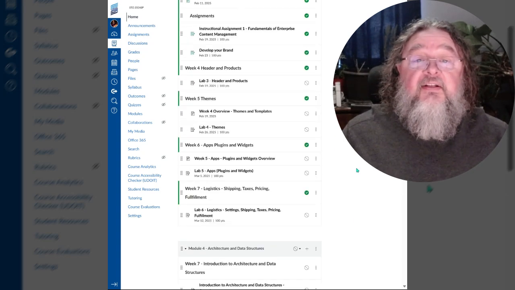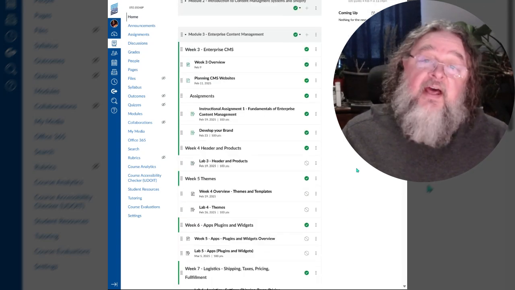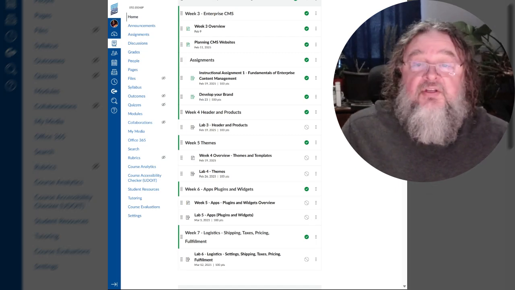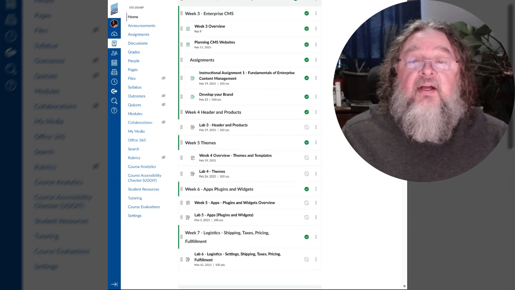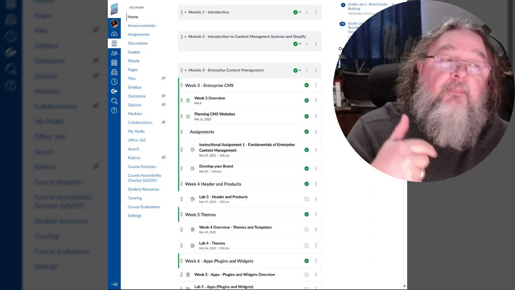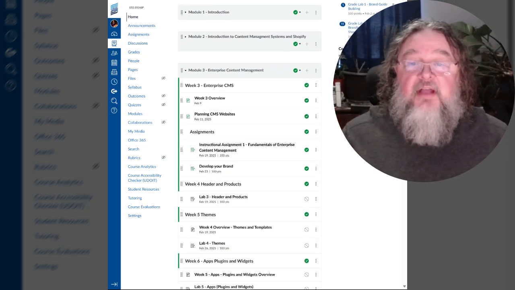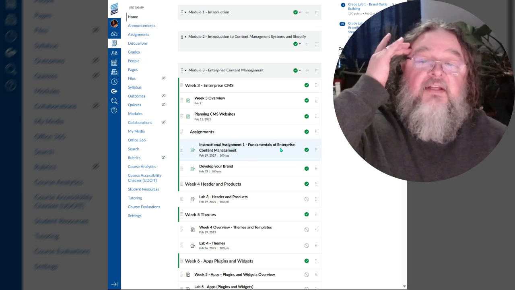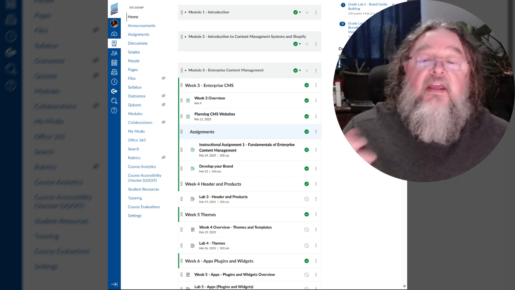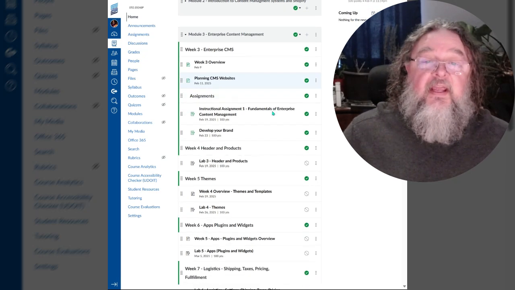There's a lot of learning to do. Most of this class, the workload is going to be in the labs, but we have the theory and the applied stuff. The theory is what I'm putting in, such as the instructional assignment, fundamentals of enterprise content management. The practice, the applied stuff, is what we're doing in the lab.